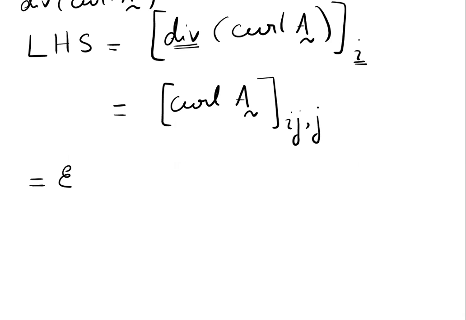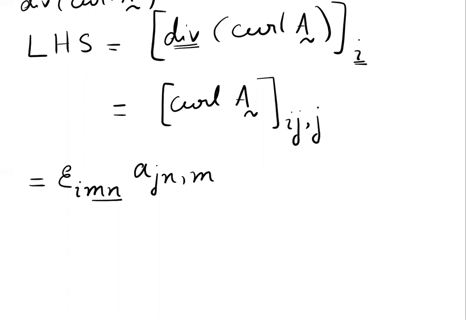The first suffix will be I. The remaining two suffixes have to be dummy, so we can choose any; here we'll take them as M and N. For the tensor A, the components are A, and I have to choose the suffixes according to the definition of curl. So J, and if I take M, N for epsilon's second and third suffixes, here it has to be the reverse, that is N, comma, M.